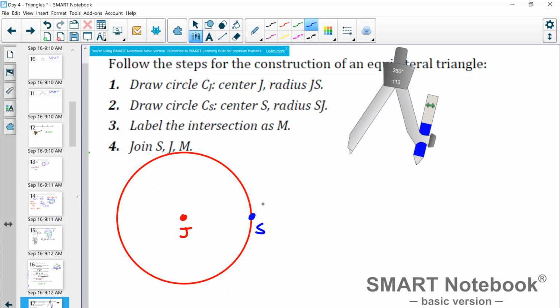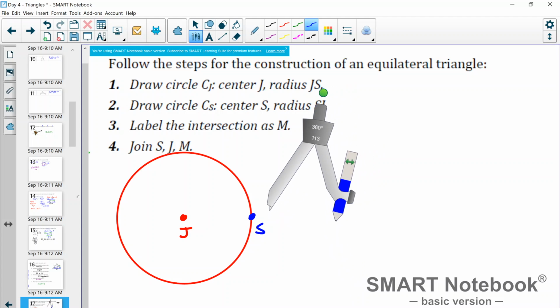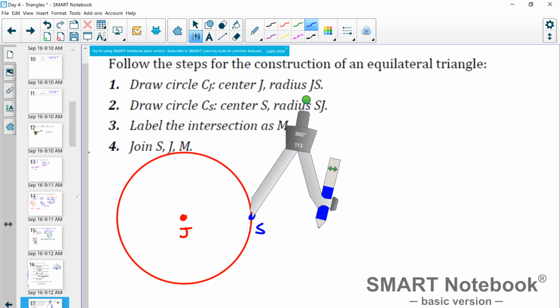Next, notice I did not move the opening of the compass. What I'm going to do now is put my compass bullseye part on point S, and draw a circle around that.